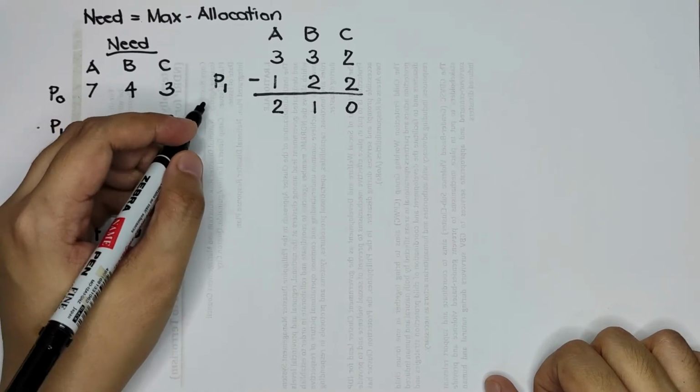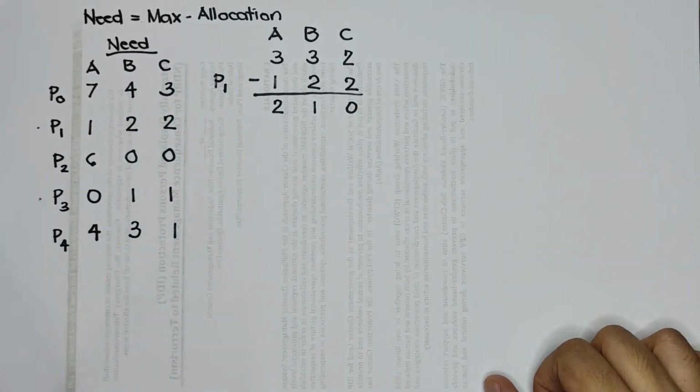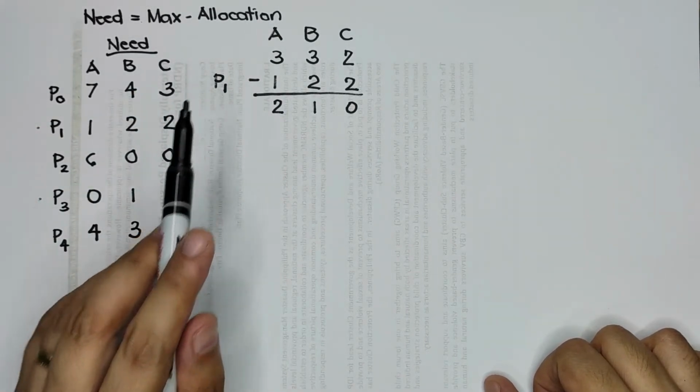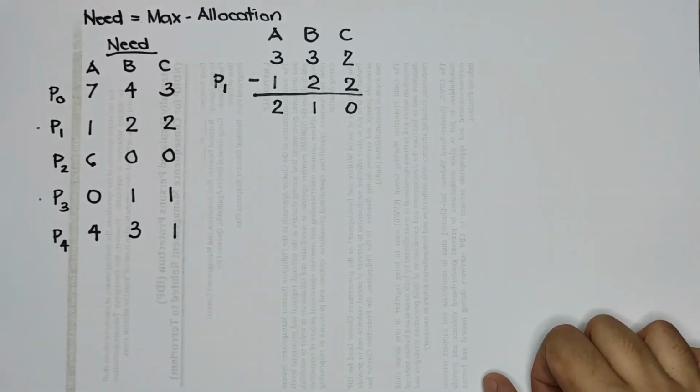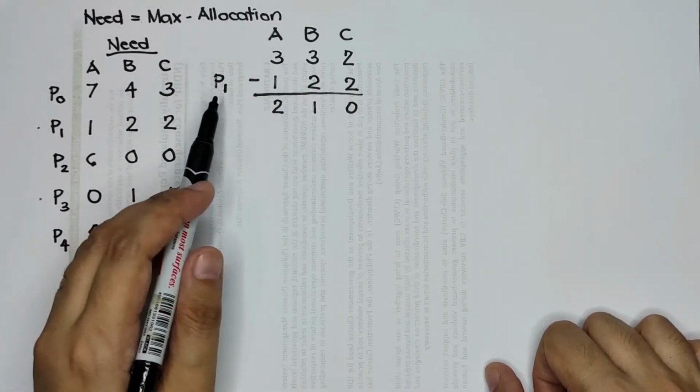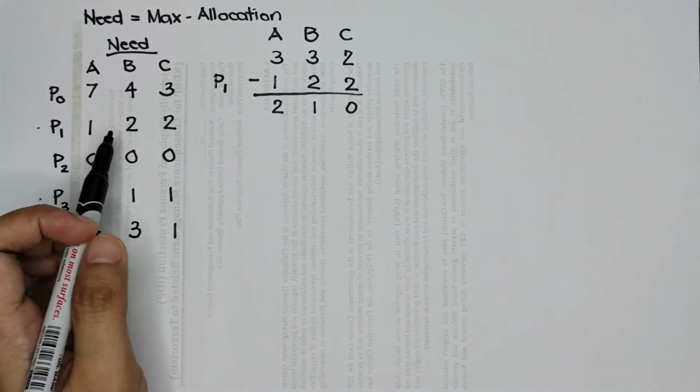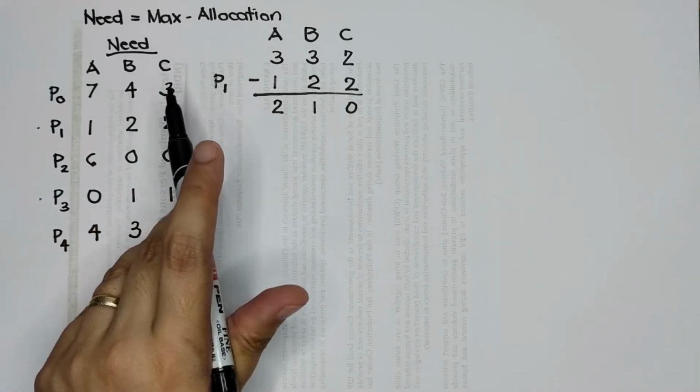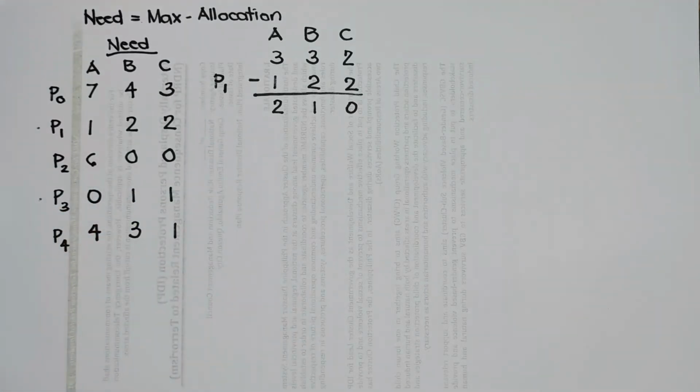Since P sub 1 has already acquired all of its resources, actually it's already at the max since you've already granted the request for the need. So, after its execution, what is it going to do? If you can remember, if the process has finished its execution, it should return all the allocated resources and then terminate.